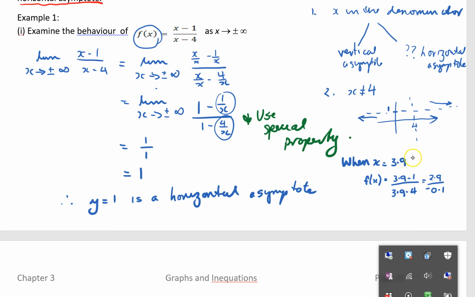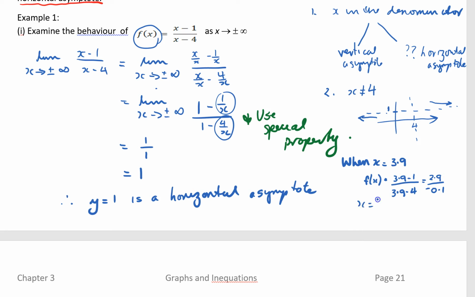Now, we could go even closer. We could go when x is equal to 3.99. And think about what the denominator is doing. It's not so much the numerator, it's all focused on the denominator. At 3.99 minus 4, we would then be dividing by negative 0.01, an even smaller number you're dividing by, which results in a big number.